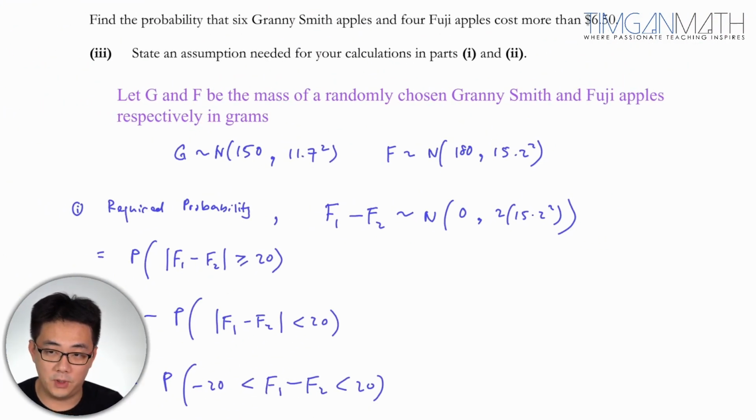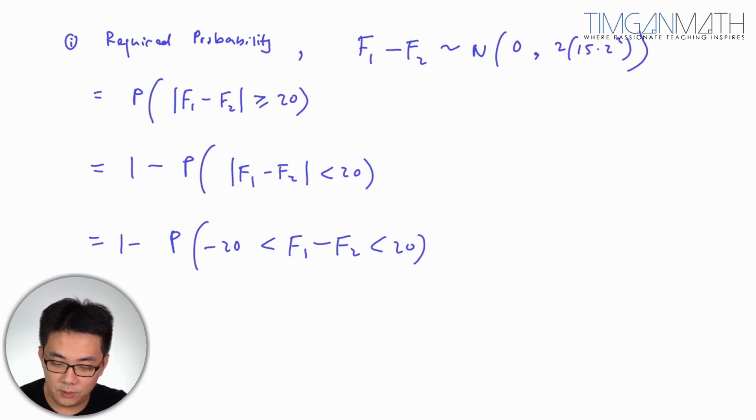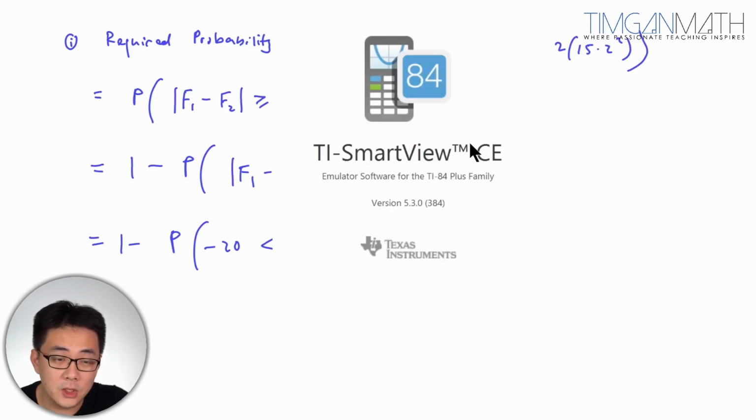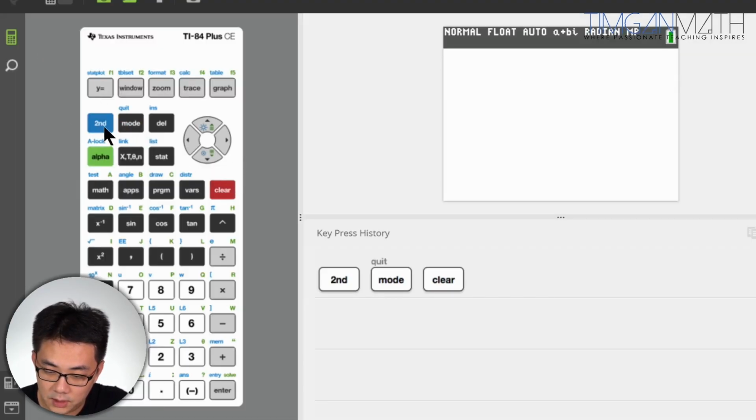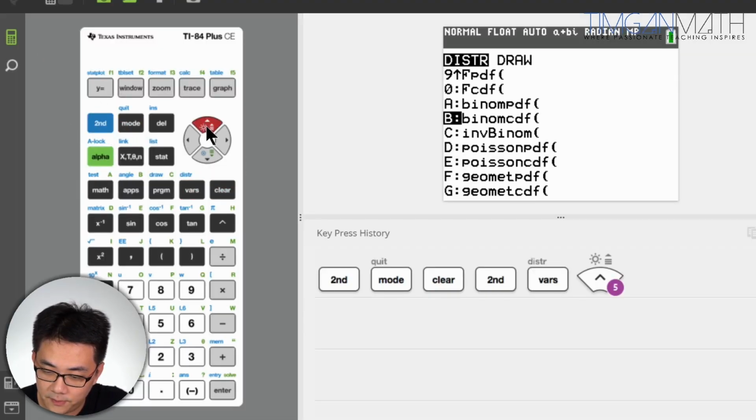Alright, that's pretty okay. Once done, we're just going to key this in the calculator. I'm just keying the calculator for you to see. Here, what we do is second distribution, normal CDF.